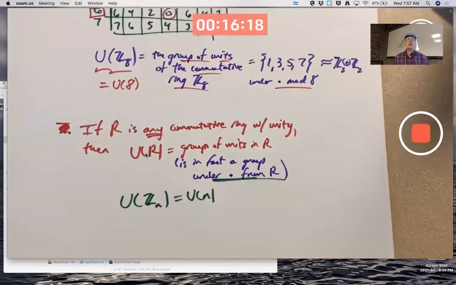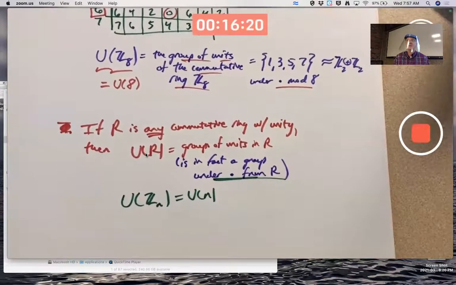It is under multiplication, not addition. So if we ignore the addition and we also ignore the zero divisors, just focus on the units, then we get a group under multiplication. Okay, that's something to remember.